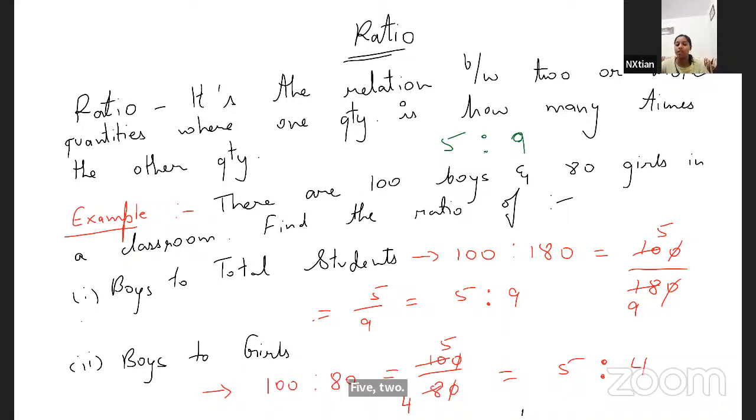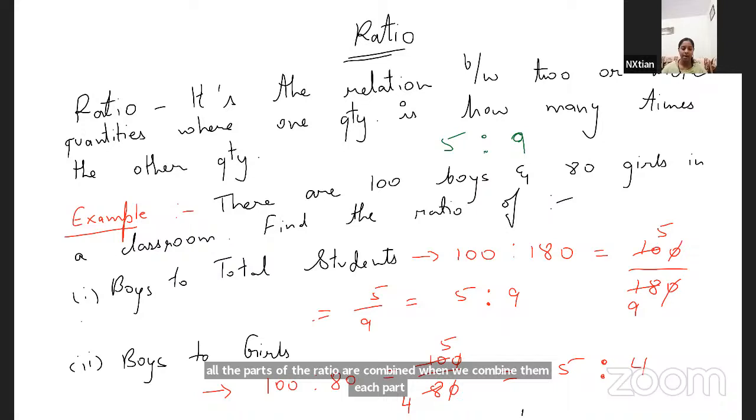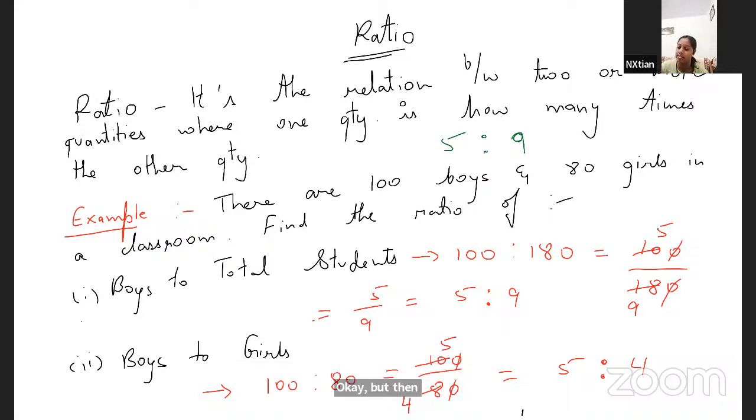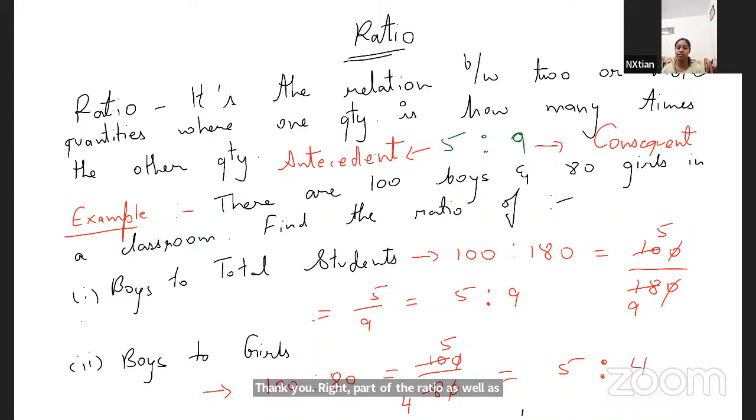Our ratio always has two parts, and when we combine them, each part is known as a term. But separately, the right part of the ratio, that is 9, is known as consequent, and the left part of the ratio is known as antecedent. Both of them are terms.